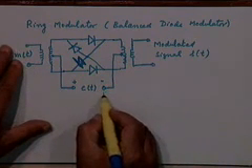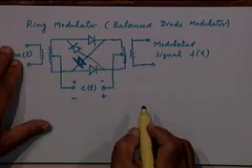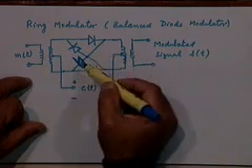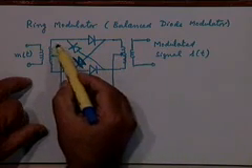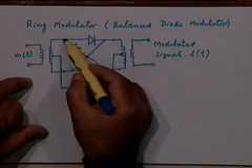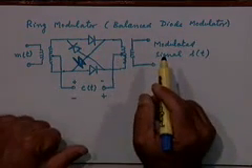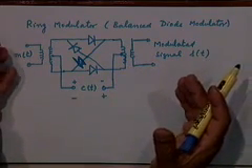When the carrier is in the other direction, right, now which diodes will conduct? These two diodes will conduct, these two will be switched off. What is happening now? Instead of M of t reaching this point here, basically the polarity, the connections are reversed, right. So as if you are changing the sign of M of t.